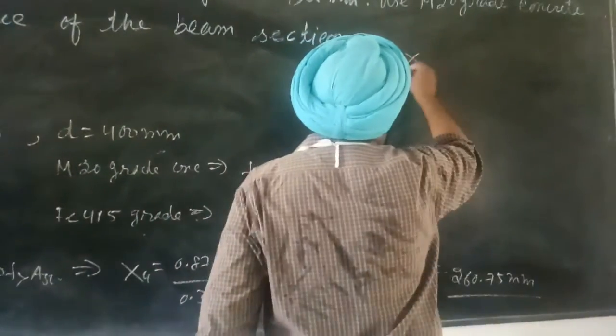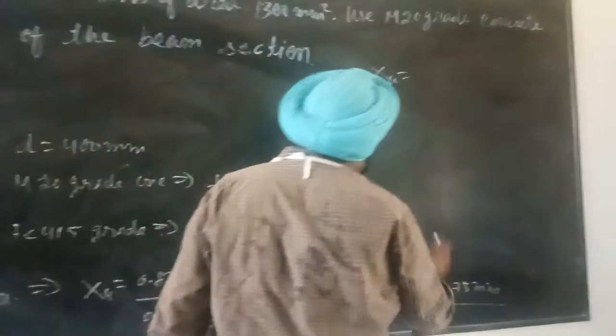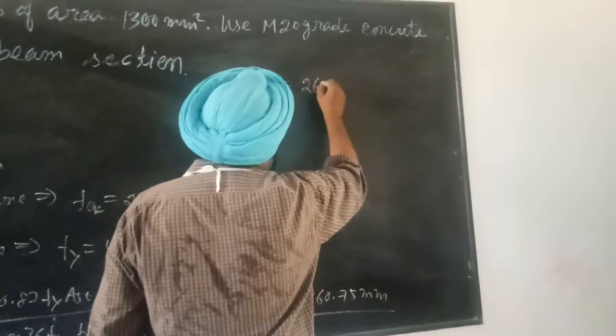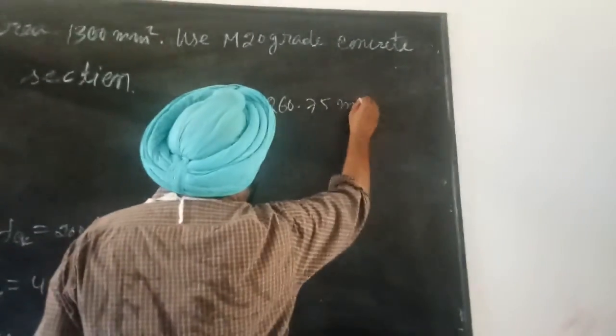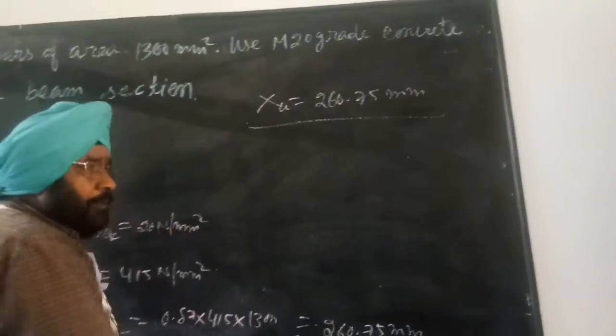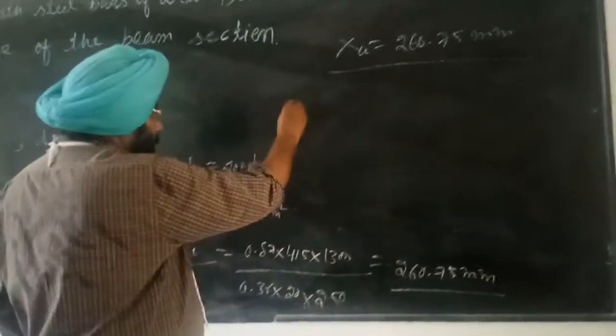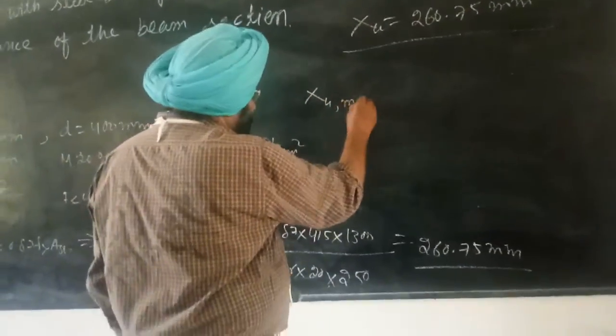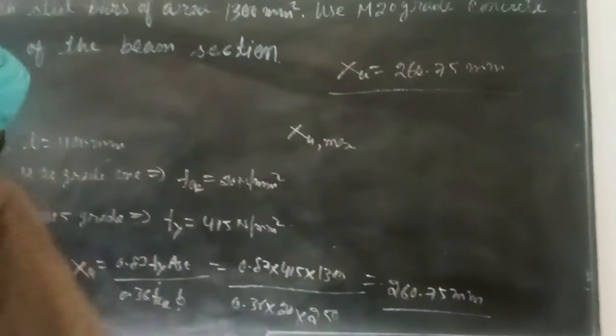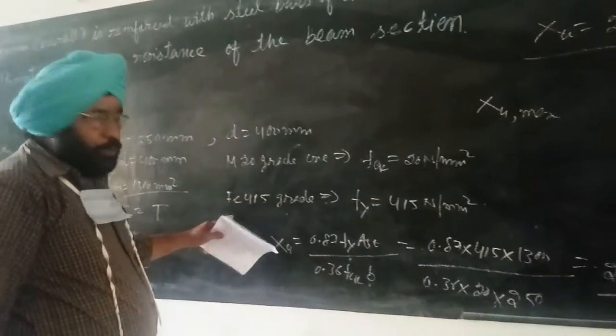So x_u means the depth of the neutral axis, and its value is 260.75 millimeter. Then the maximum depth of the neutral axis, x_u max, for Fe 415 grade HYSD bars.